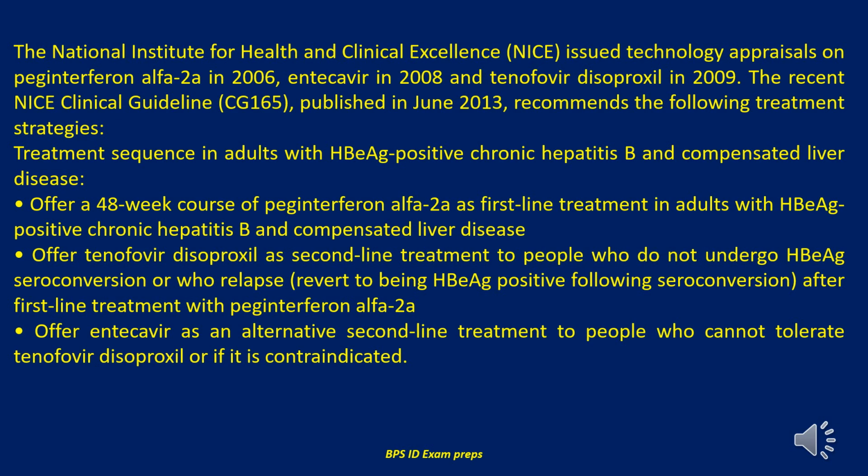1. Offer a 48-week course of peginterferon alpha-2A as first-line treatment in adults with HBeAg-positive chronic hepatitis B and compensated liver disease. 2. Offer tenofovir disoproxil as second-line treatment to people who do not undergo HBeAg seroconversion or who revert to being HBeAg positive following seroconversion after first-line treatment with peginterferon alpha-2A.